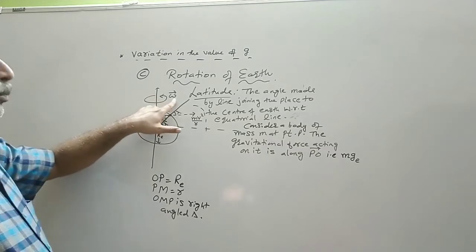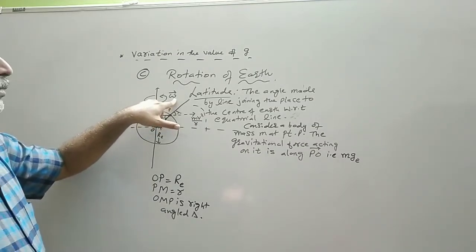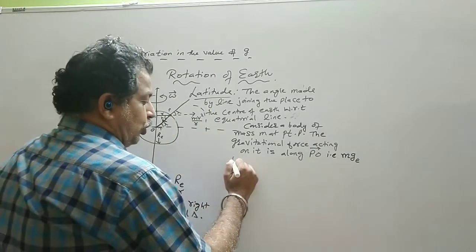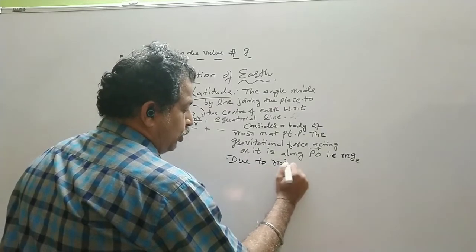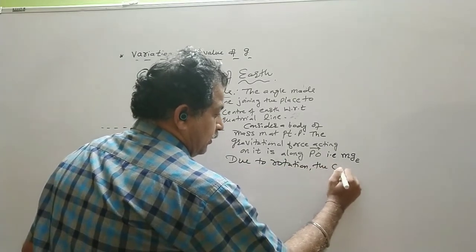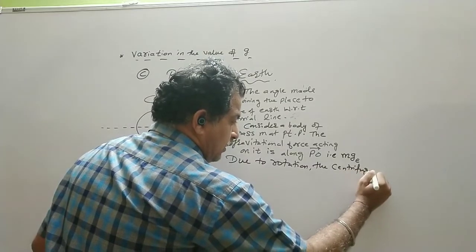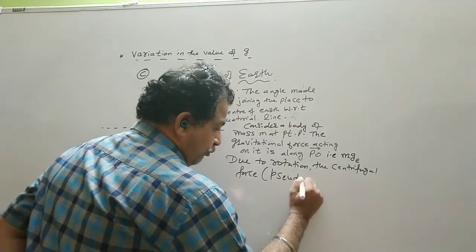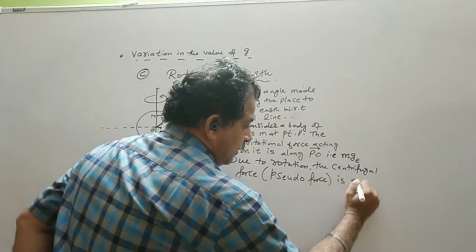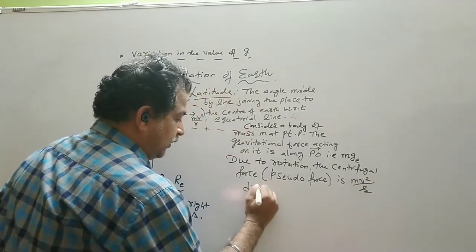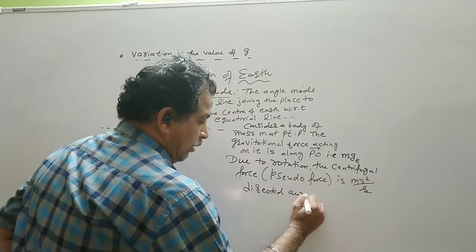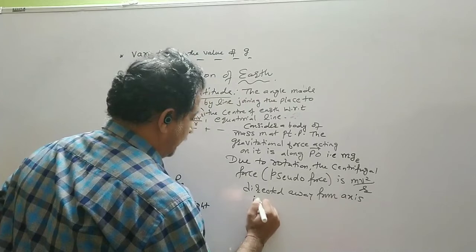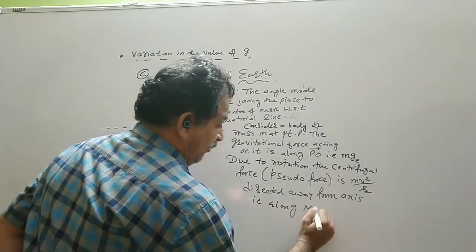But because of omega, the centrifugal force acts away from the center of the earth. So due to rotation, the centrifugal force, that is also called the pseudo force, is mv square upon r, directed away from the center or directed away from the axis, that is in the figure, along the m to p vector.